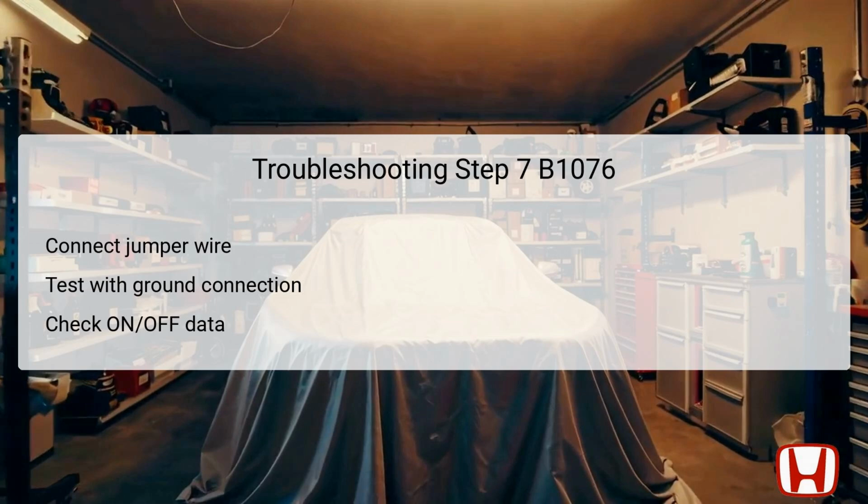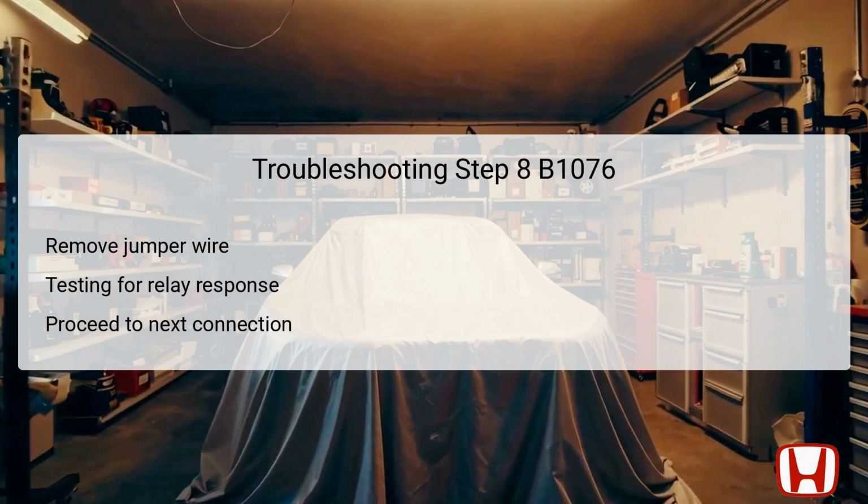If the information indicator is on, then it's highly likely that the relay control module is the faulty component and may need replacement. If it's still off, this signifies that the issue resides elsewhere in the circuit, necessitating further diagnostic steps to isolate the malfunction.